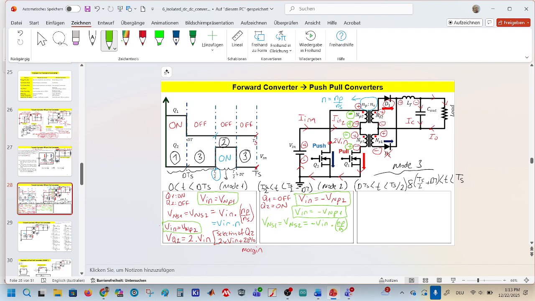And the voltage stress on Q1, this is off. That means we should now calculate these two voltages.